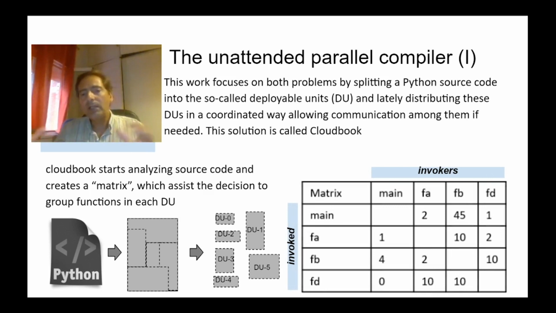So if we fill a matrix with the number of invocations from one function to another, we discover that there are functions that invoke each other a lot of times. So these functions should be deployed together in order to save communications. That's the first step of Cloudbook, the creation of this matrix.